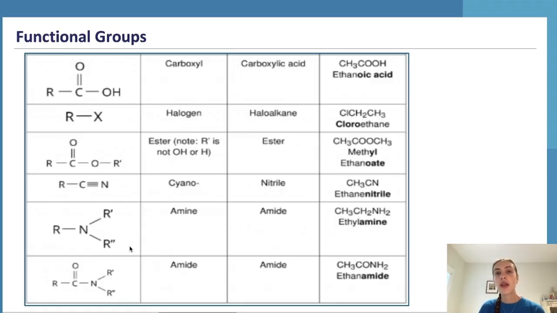We could also have a carbon chain bonded here, a carbon chain bonded here, and then a hydrogen bonded here. Or we could have a carbon chain here, here, and here. So it can be 1, 2, or all of the hydrogens from the original ammonia molecule which are replaced with carbon chains.